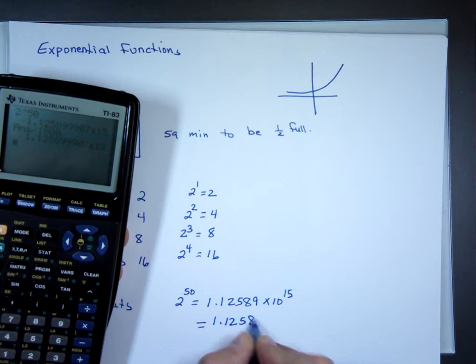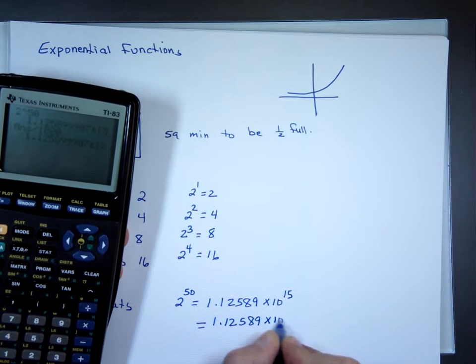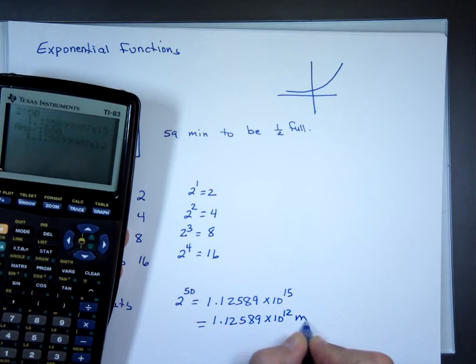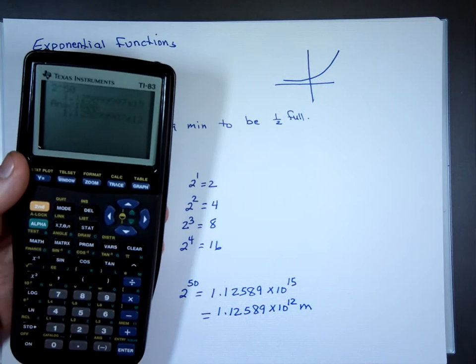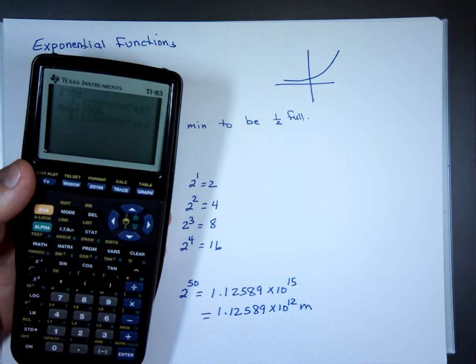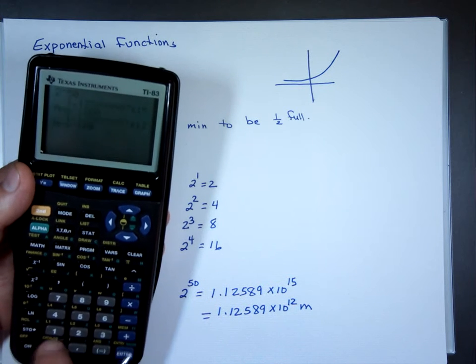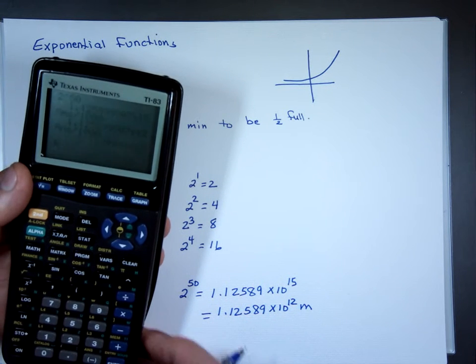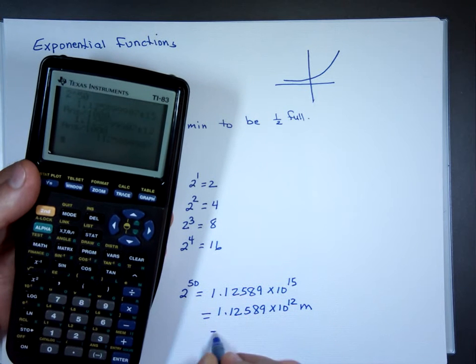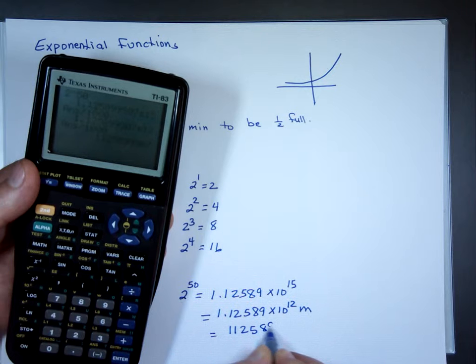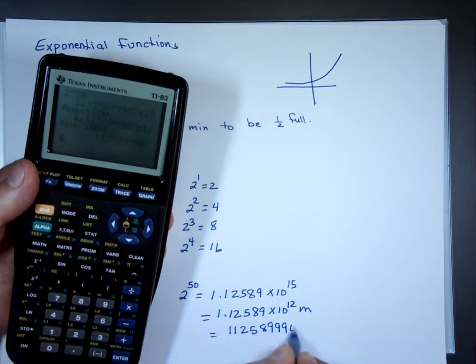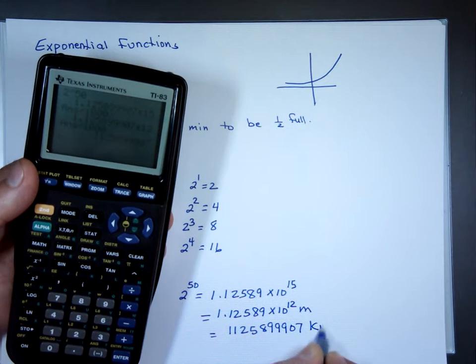So it's going to be 1.12589 times 10 to the 12 meters. If you know the metric system, how many meters in a kilometer? 1,000, right? So divide by 1,000. Ready for that number? It's that many kilometers high.